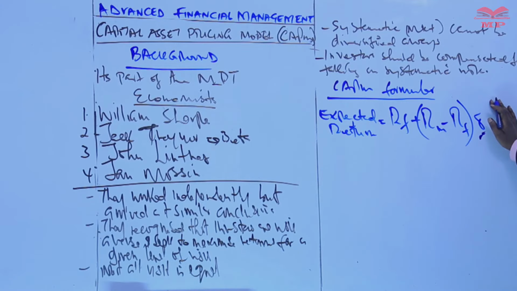A beta of 1 indicates that the investment moves in line with the market.